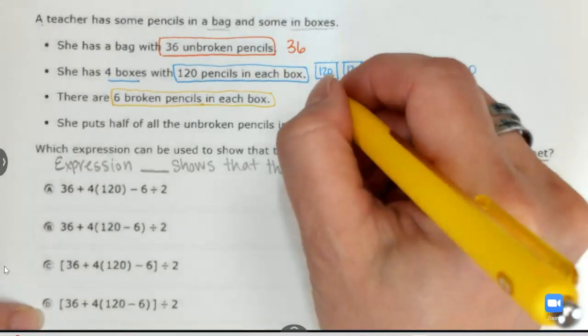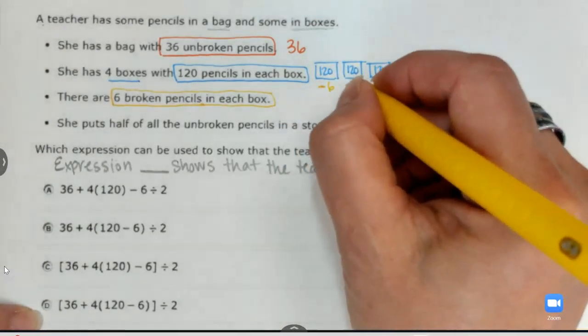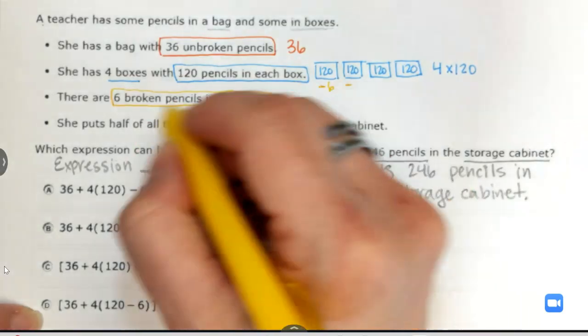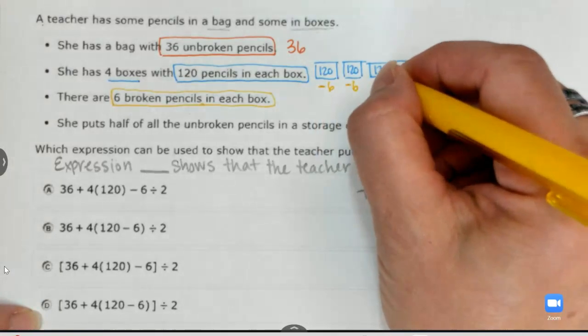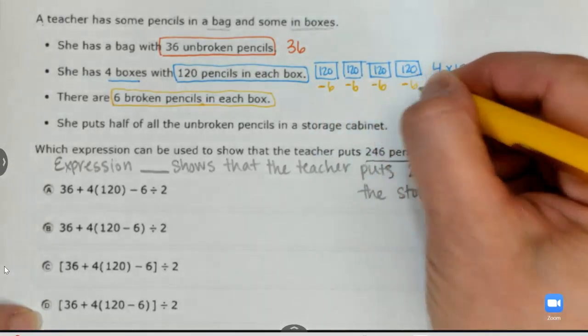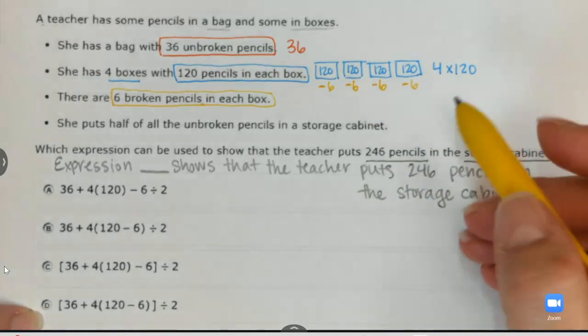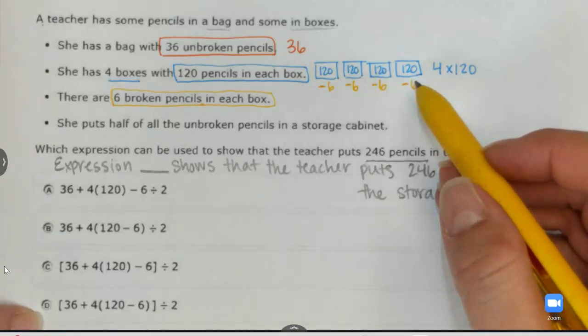That sounds like subtraction. If each one of these boxes has 120, and in each box there's 6 broken pencils, I'm going to want to take 6 away from each of the boxes to figure out how many that aren't broken that I'm going to want to keep.